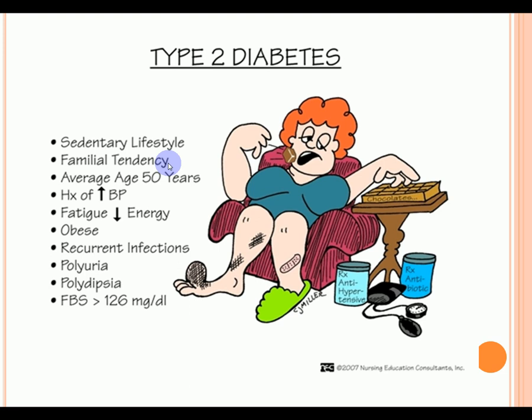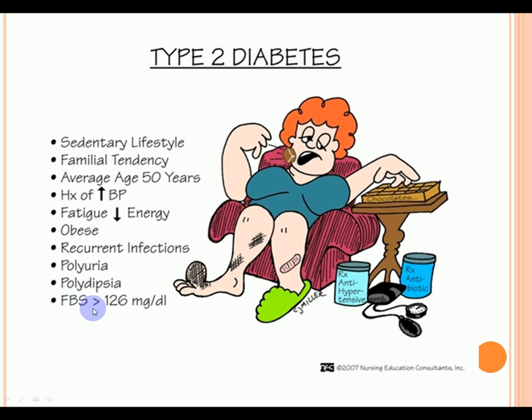Type 1 has to do with some HLA typings. Yes, if you have certain types of HLAs, you have a greater tendency. But there is actually a hereditary link with type 2. The average age is 50. You have a history of increased blood pressure, fatigue, low energy, obesity, recurring infections, and polyuria and polydipsia may or may not be present.